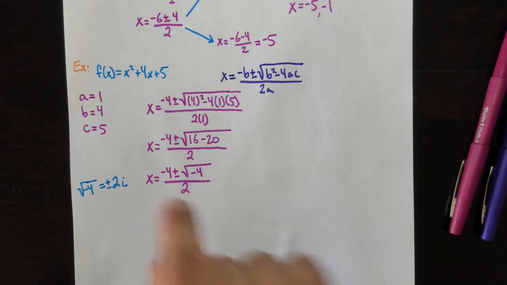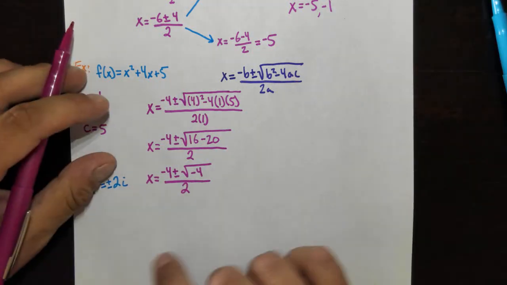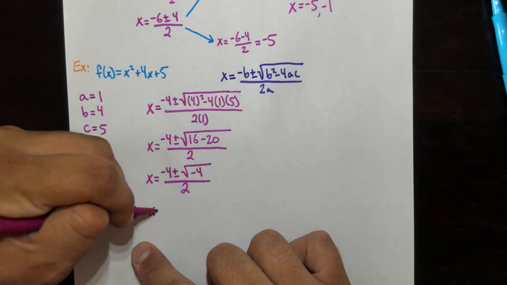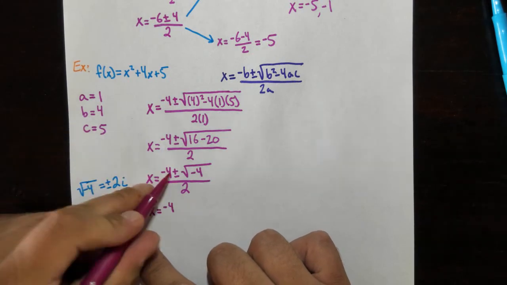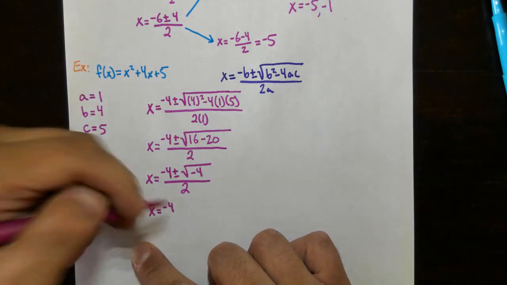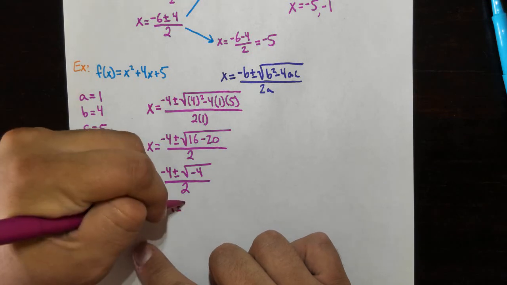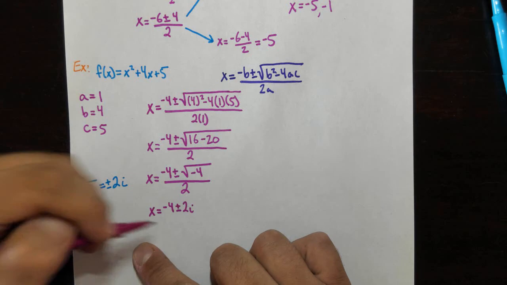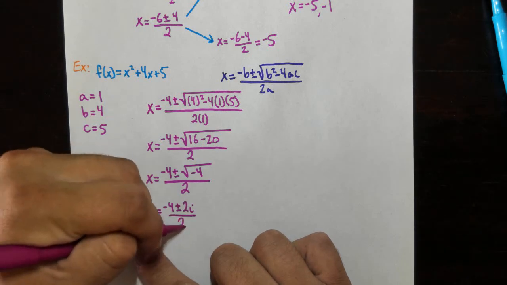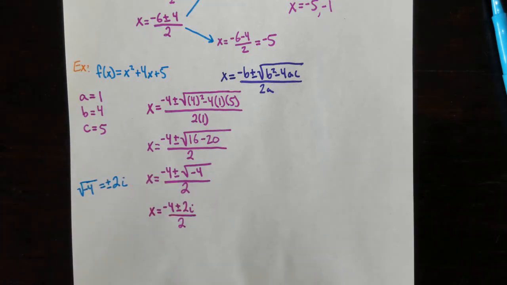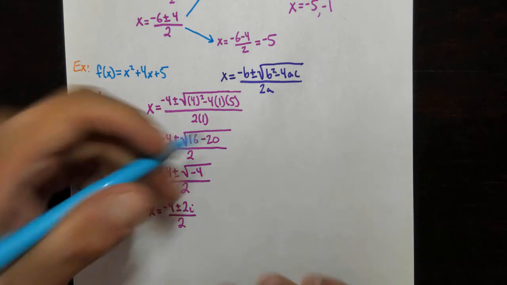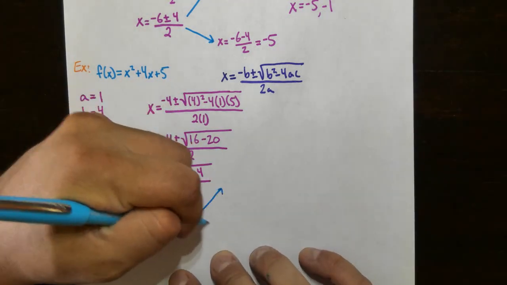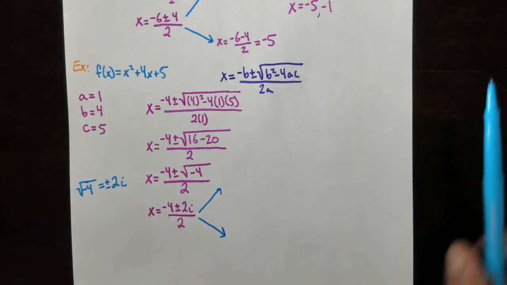So let's go ahead and revise this. X equals -4, and then this plus or minus already takes care of this plus or minus, so in fact that's why it's there. Plus or minus 2i divided by 2. Now this is where we'll split it up into 2 equations. One's going to be plus, the other one's going to be minus.